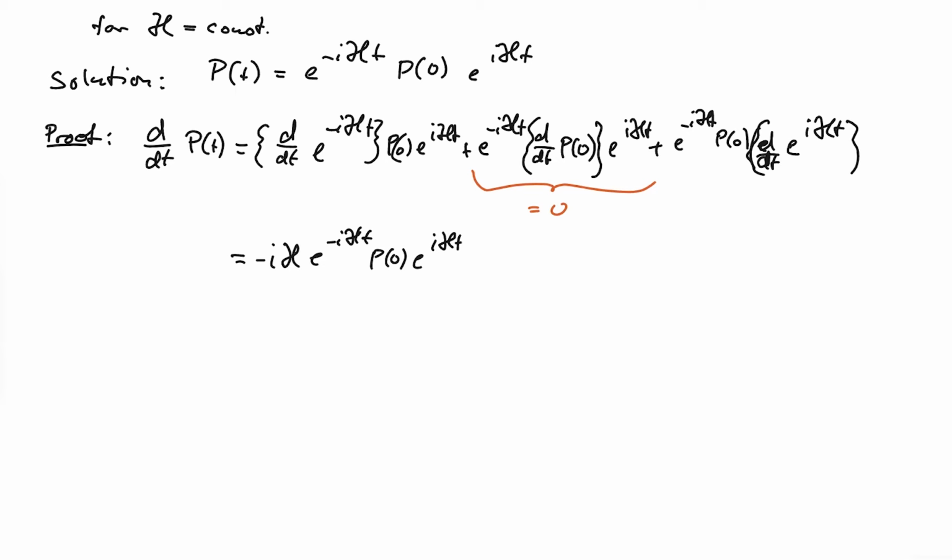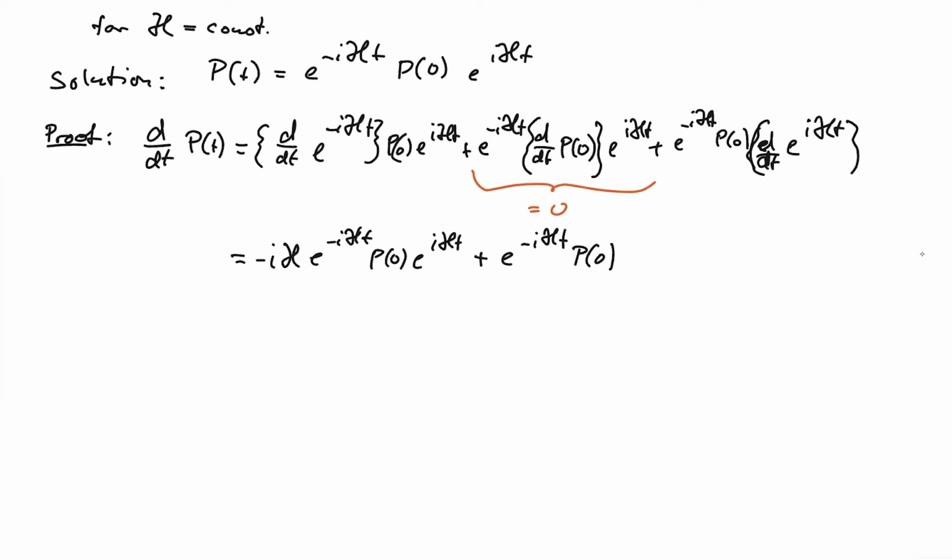And then the last term would be e to the minus iHt, P of 0, and then it would be i times iH times the rest.